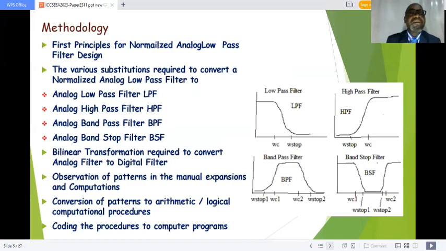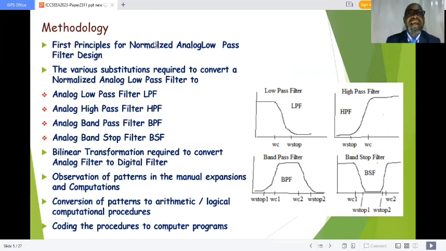Methodology. From first principles, we can design what we call a normalized analog low-pass filter. By normalized analog low-pass filter, we mean that it's a low-pass filter and the pass band edge frequency is 1 rad per second.